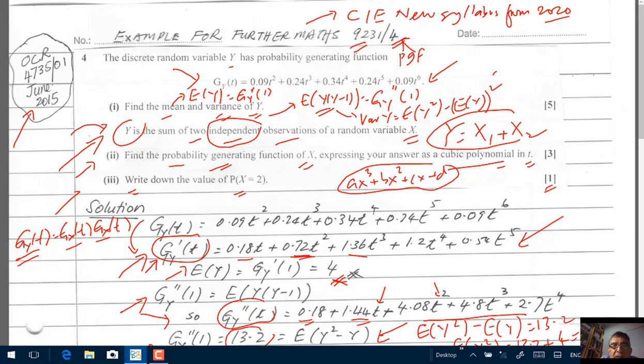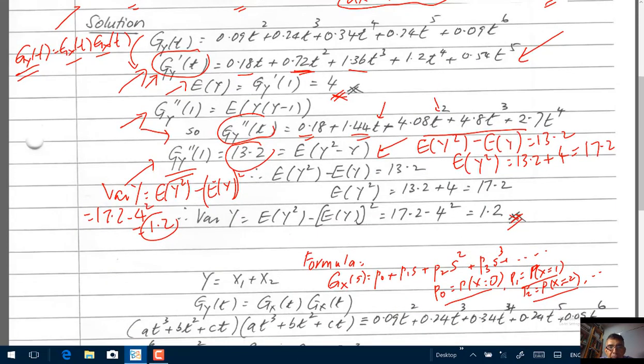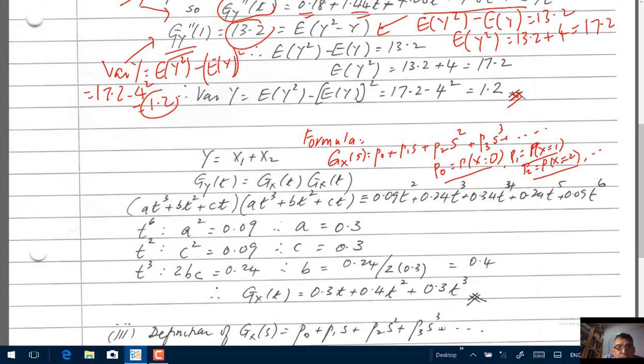Note there are no constant terms here, so we can write, let me bring back my solution, gx of t times gx of t as equals to at cubed plus bt squared plus ct, times at cubed plus bt squared plus ct. Now that's what you see here.